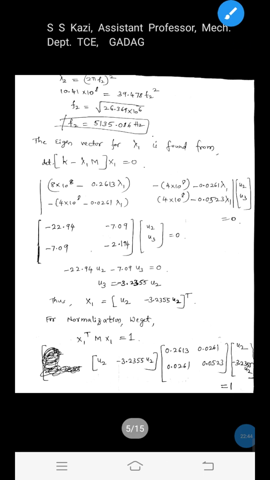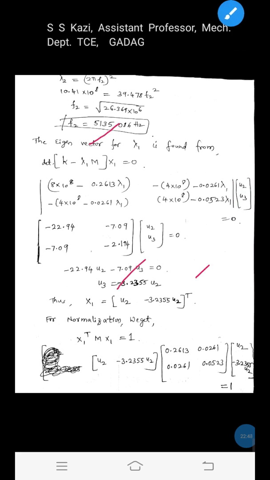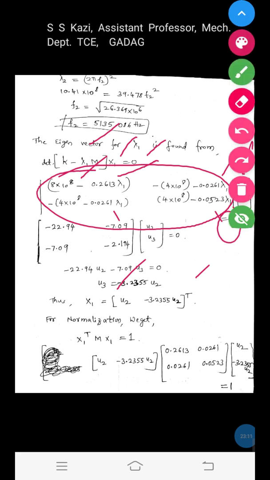Now k minus lambda 1 m into x1 is equal to 0. K minus lambda 1 m, just now I have shown you on the second page of this solution, is 8 into 10 raised to 8 minus 0.2613 lambda 1, with all the values written in terms of lambda 1, multiplied by x1, which can be written as only u2, u3, because u1 is 0, equal to 0.